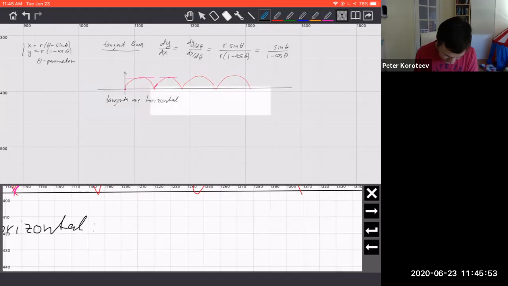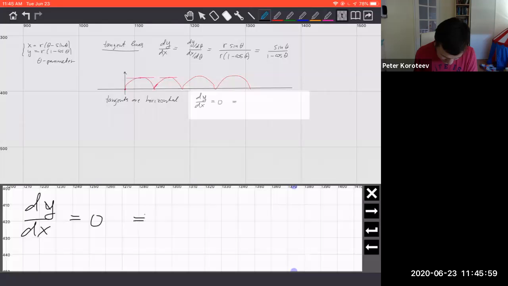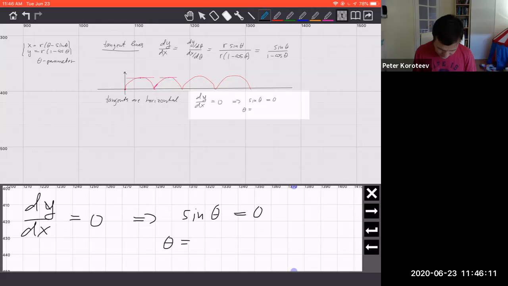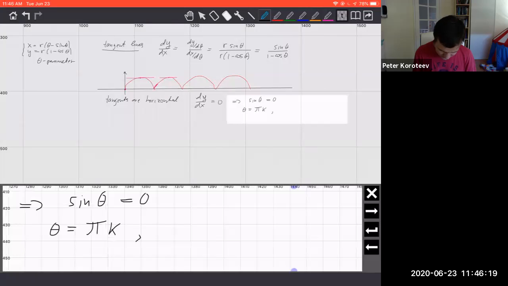When the derivative is 0, that simply means it's when sine theta is equal to 0, right? The denominator is well defined, so theta is equal to pi k, where k is an integer.